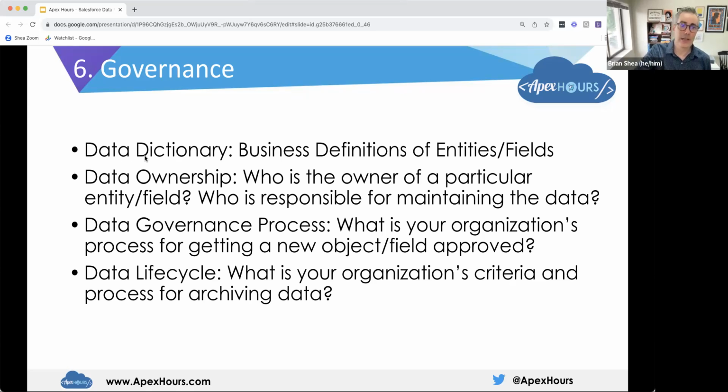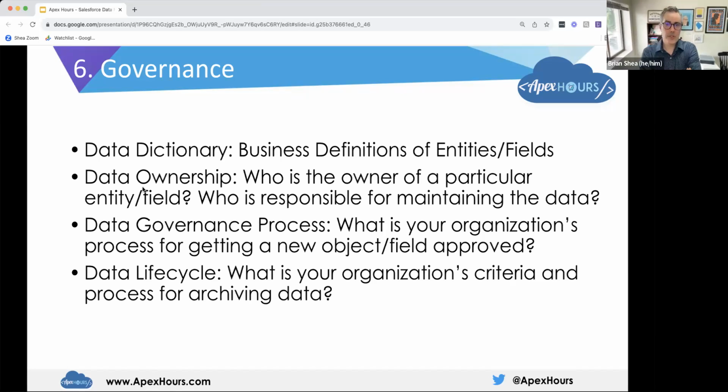So when a business user is creating a support request or enhancement request, hopefully the first thing they're doing is looking at the data dictionary and seeing if something like that already exists. And there should be knowledge and governance across the organization, so somebody's familiar with the data that already exists. But that's the role of a data dictionary.